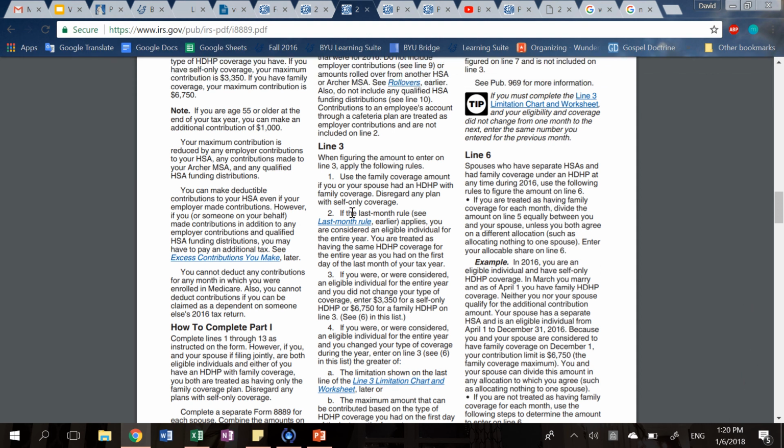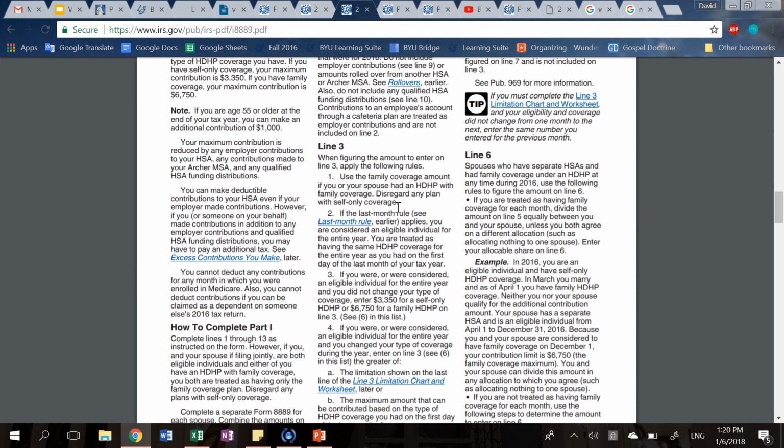If the last-month rule applies, which says that if you are eligible in the last month of the year, December, which means you would have to be eligible by December 1st, then they will consider you to be an eligible individual for the entire year, which is awesome. So if you make contributions in March, April, May, as long as you are eligible on the last month, which is December 1st, then you will be eligible the whole year for all of your HSA contributions.